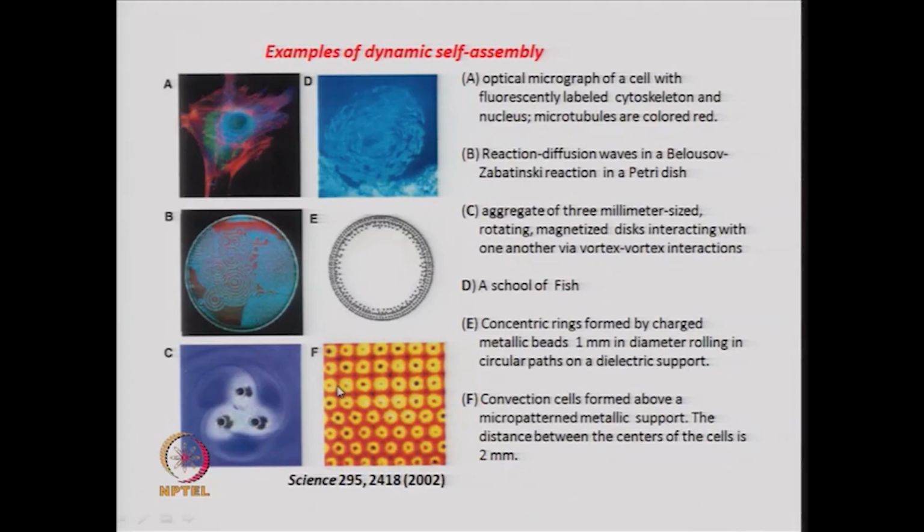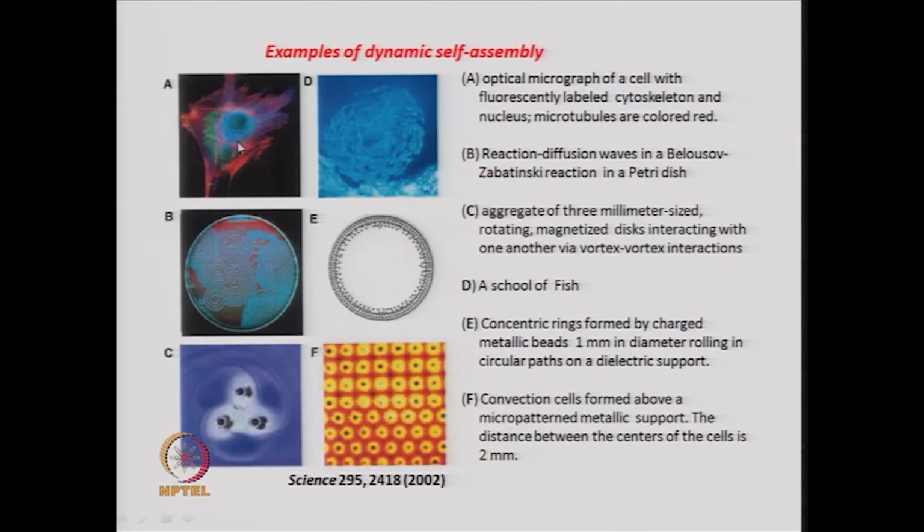Now, examples of dynamic self assembly. For example, here it is shown a cell with a fluorescently labeled cytoskeleton and nucleus, and the microtubules are colored in red. So, this is an example of a living cell, and this is how it has come about.